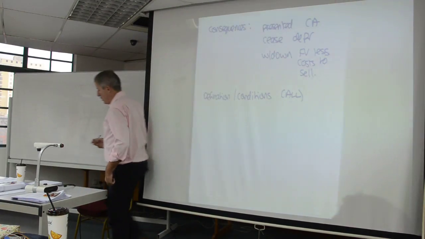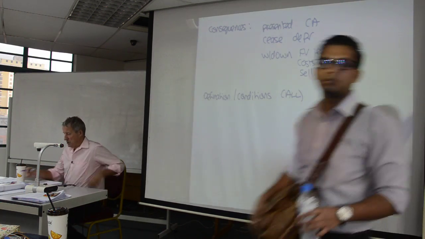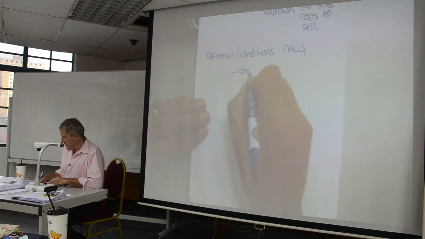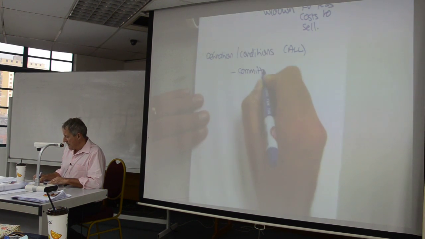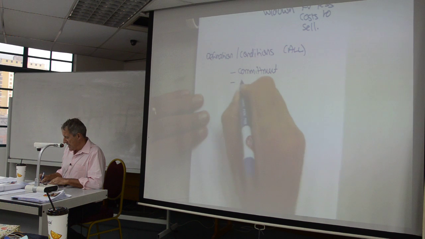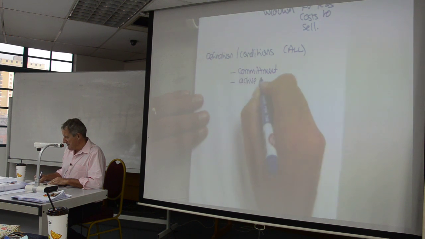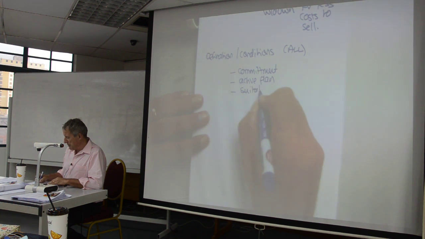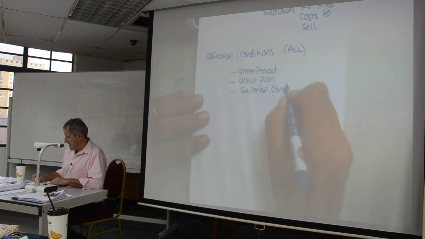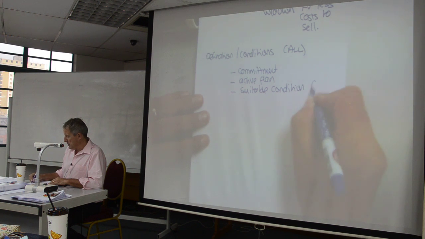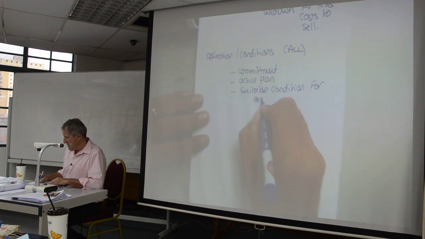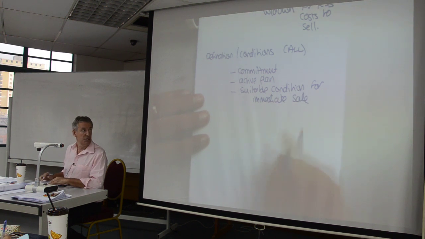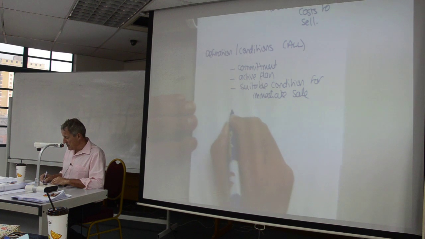Right. So, what are the conditions? There has to be a commitment that you are going to sell the asset. There has to be an active plan. It has to be in a suitable condition for immediate sale.